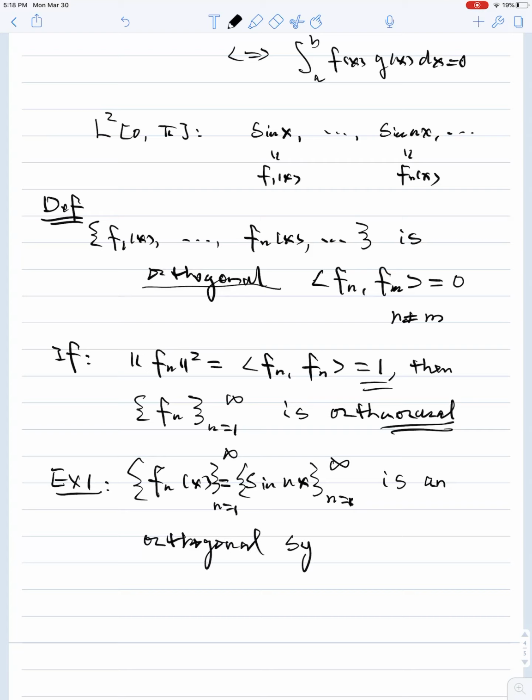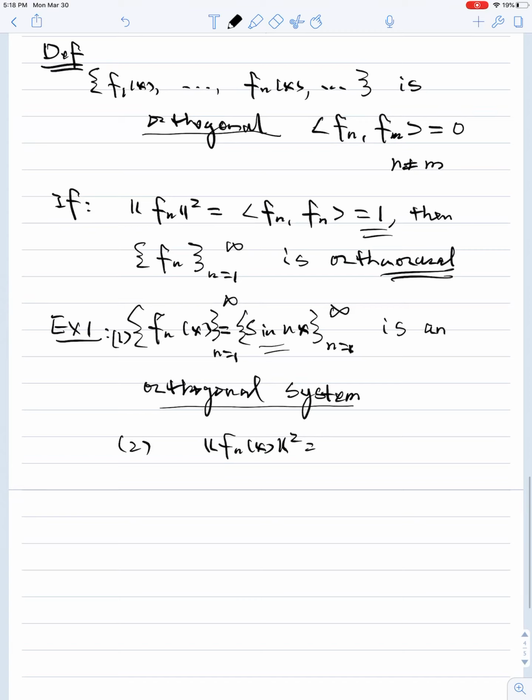So it's an infinite sequence of functions where each two distinct functions are orthogonal to each other. So it's an orthogonal system. Now, let's look at the norm of these f_n.